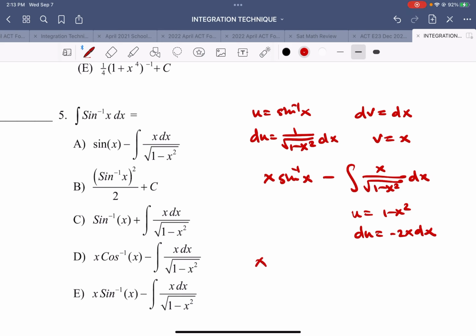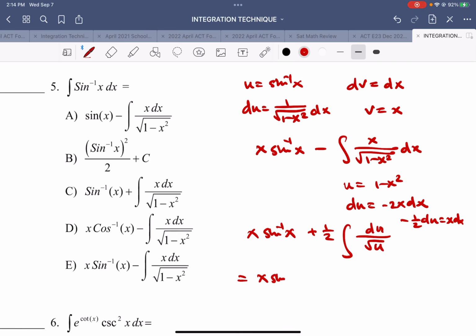Okay, so x inverse sine x, and then it will be minus, it will be plus 1 half, because x dx is negative 1 half du. So it will be 1 half, and then du over the square root of u. Okay, it'll change like that.